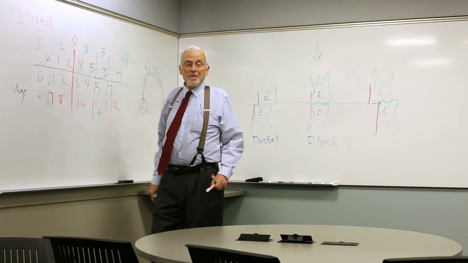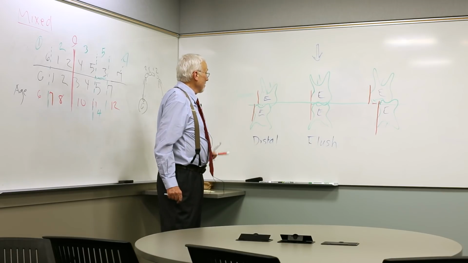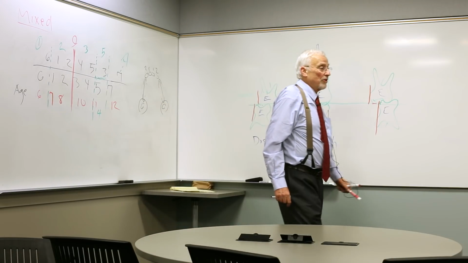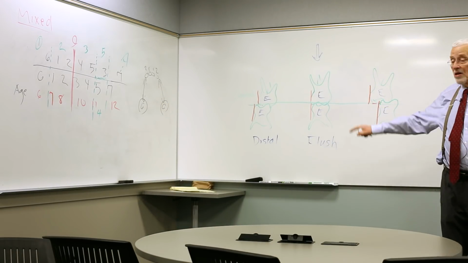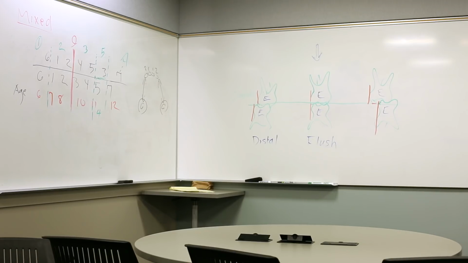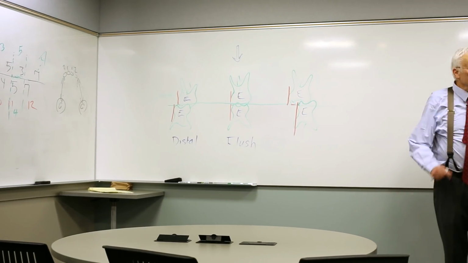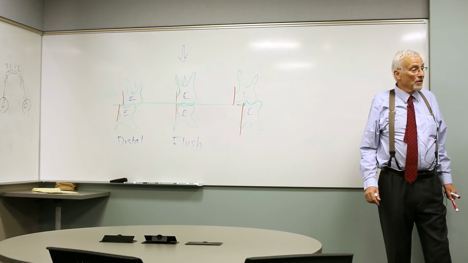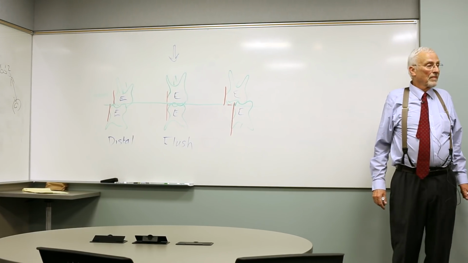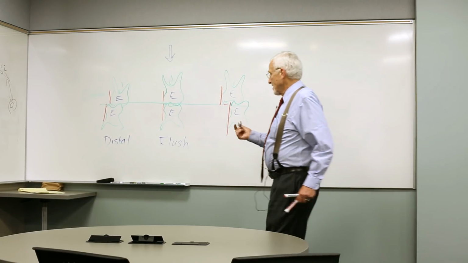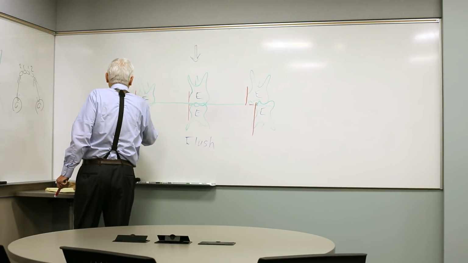When the first permanent molars erupt here, they will be guided into occlusion. What kind of occlusion will occur if we have a distal step of the second deciduous molars? A class 2, because it guides them in.